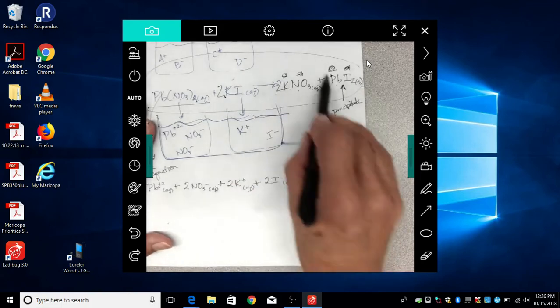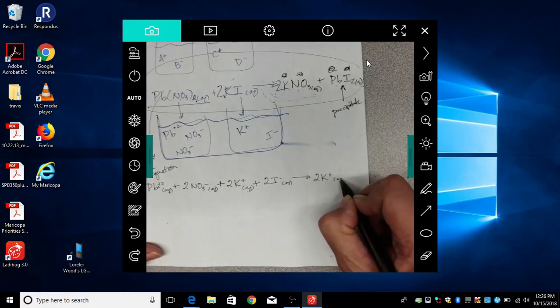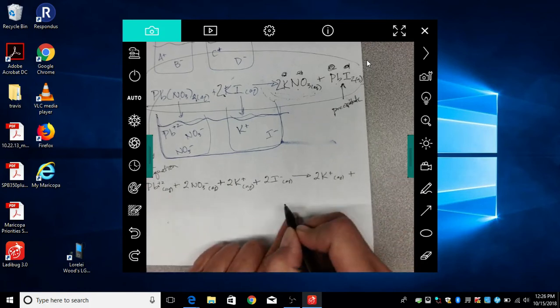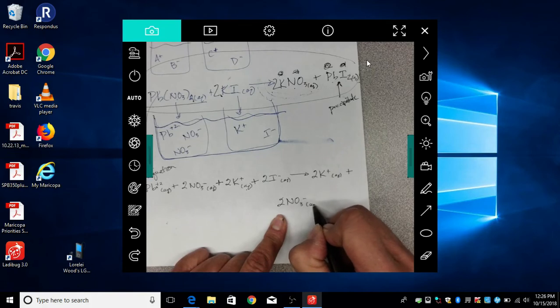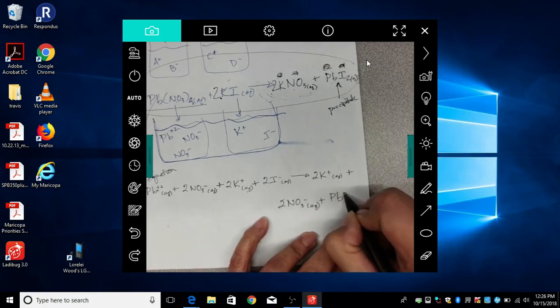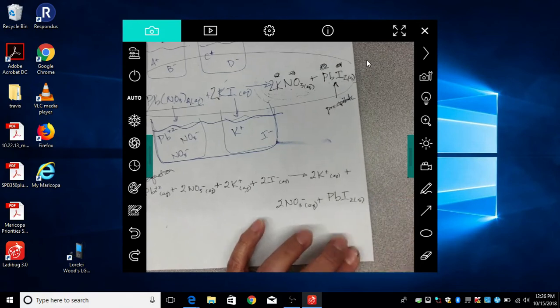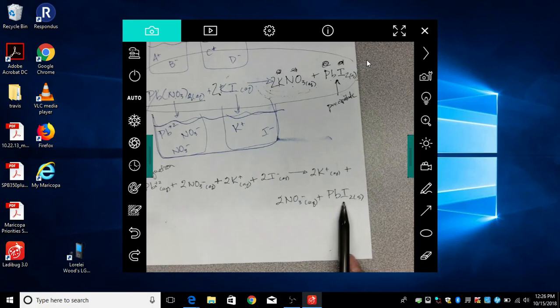So 2 of those means I have 2 potassium ions in aqueous solution, plus, I'm going to go a little bit below here, 2 nitrate polyatomic ions, those lonely ions, nitrates. And I'm going to leave lead iodide together because that's the darn tootin' precipitator. And I can't write it as aqueous solution because it came together as a precipitate.